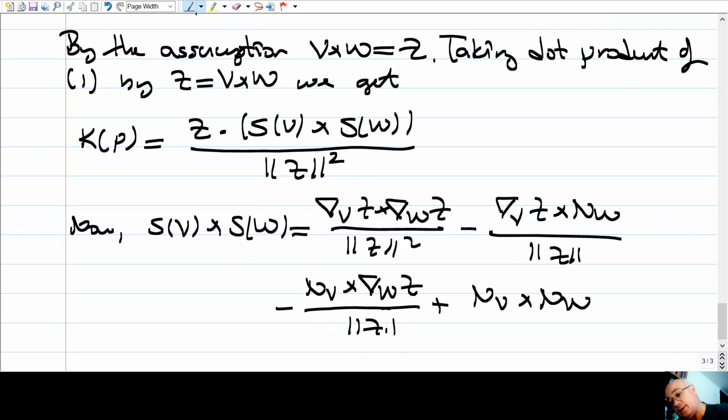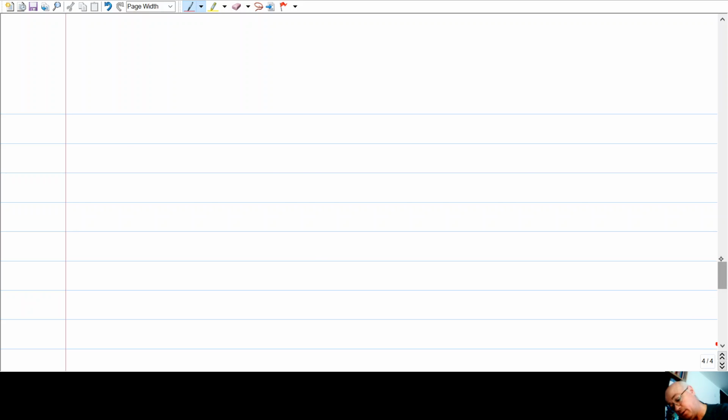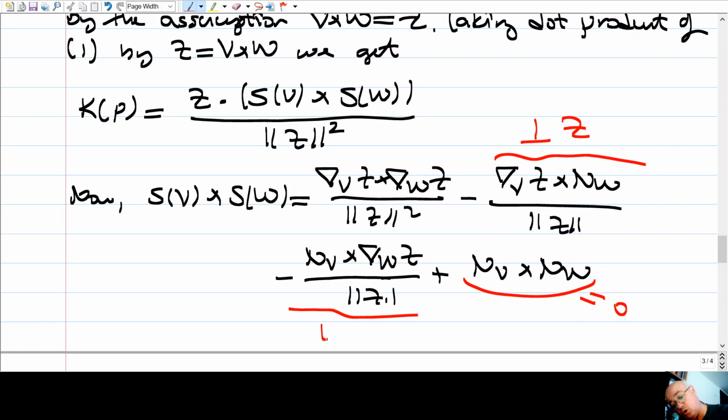But we already know that the last term is 0, and this term is perpendicular to the normal vector. So this is normal to Z, and similarly this is normal to Z. Therefore, the dot product of these two with Z will give me 0. So the only surviving term will be this quantity times Z.